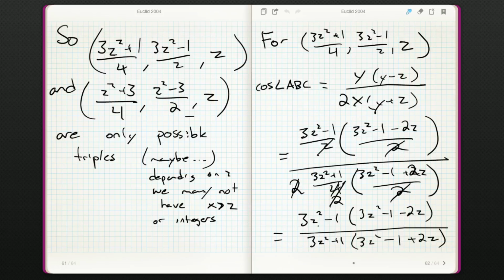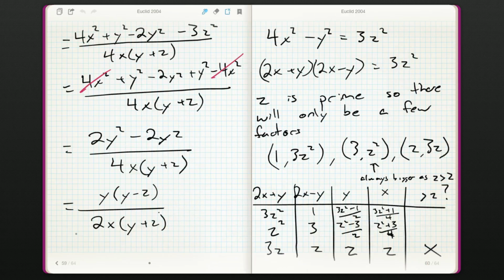You get 3z squared minus 1 squared, and then minus... No. So here's this minus 3z squared. We plugged that guy in.